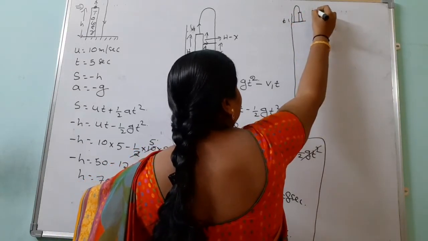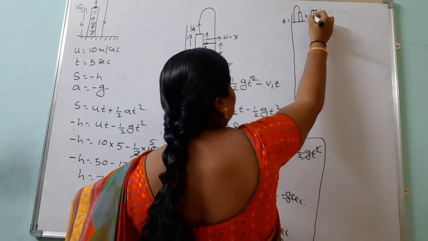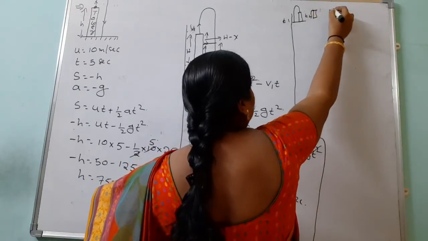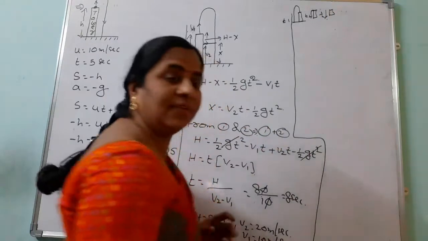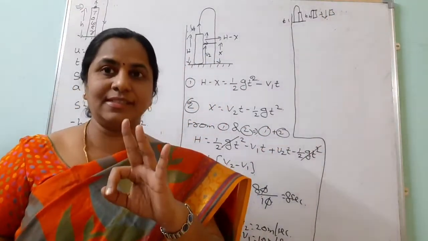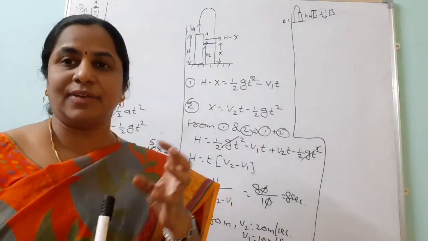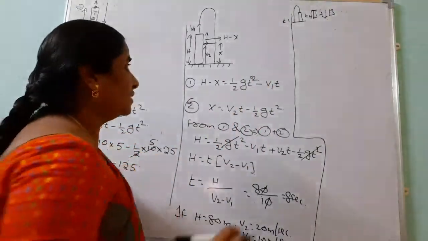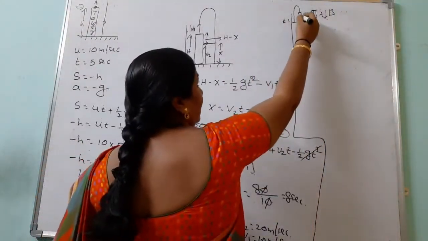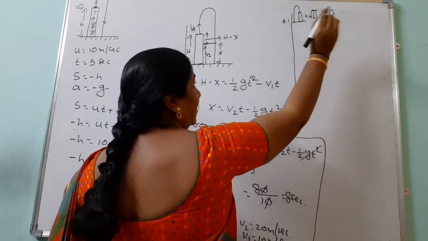Then second case is throwing downwards. It takes t2 seconds. Then last case is a freely falling body. We can consider t. Here how to write this expression? Here all the towers are having the same height.